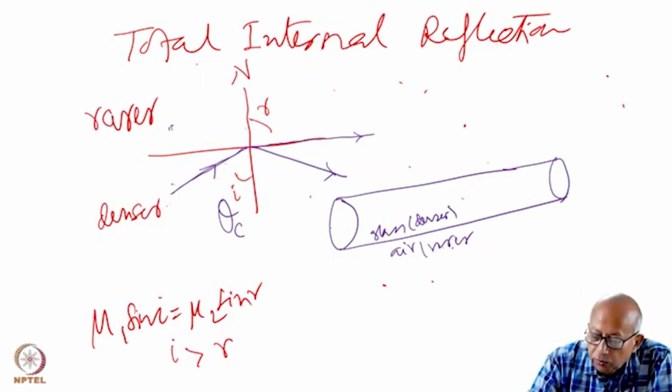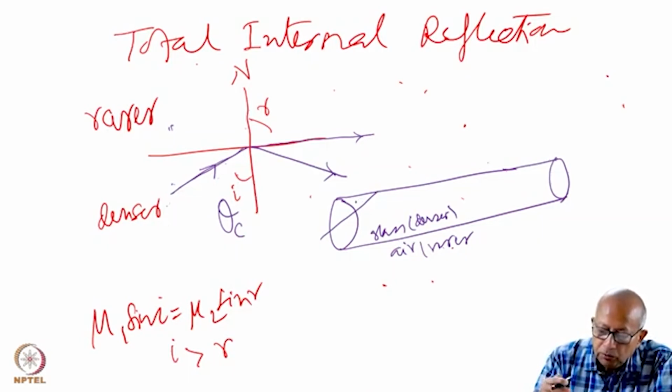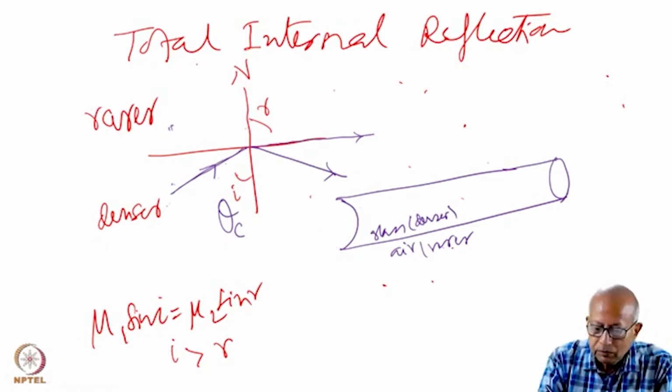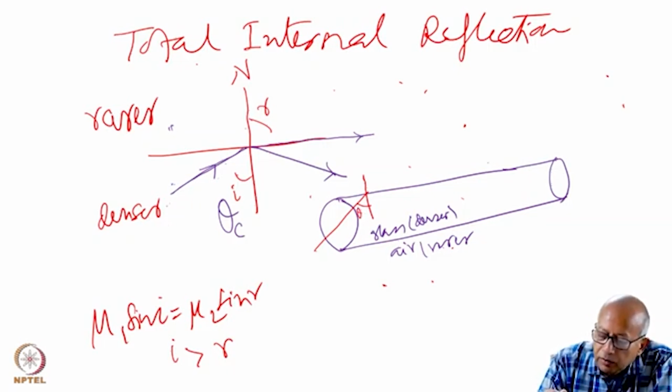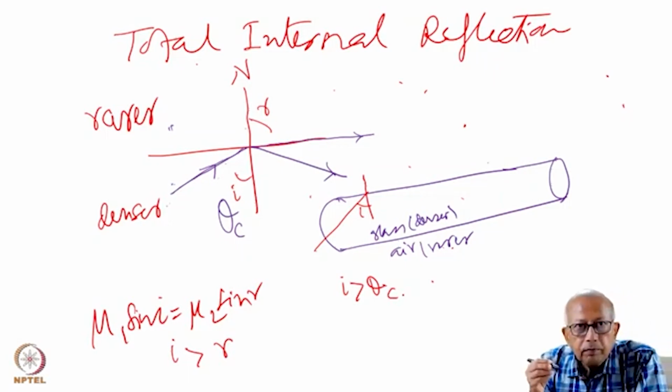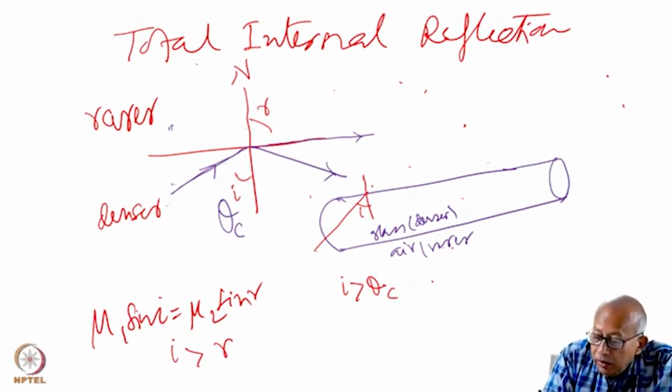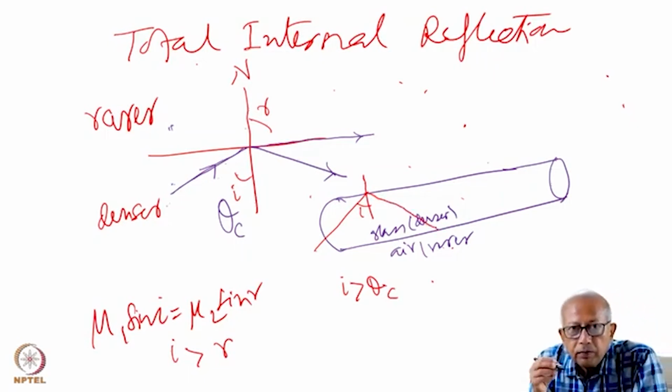Now you launch your beam in such a way that this angle of incidence, theta i, is more than the critical angle, which is theta c. So this light will then be totally internally reflected because there cannot be any refraction.